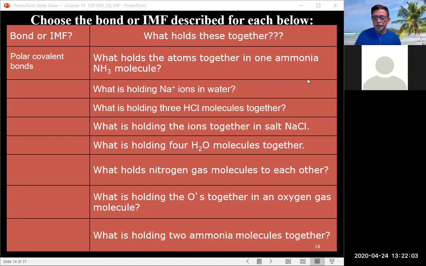Here it says, what is holding the sodium ions in water? Okay, we're talking about sodium ions. We're talking about water. That's that force number 4 we talked about, and that is the ion dipole force. Okay. Next question, what is holding 3 hydrochloric acid molecules together? So now we're talking about the molecules interacting with each other, okay?